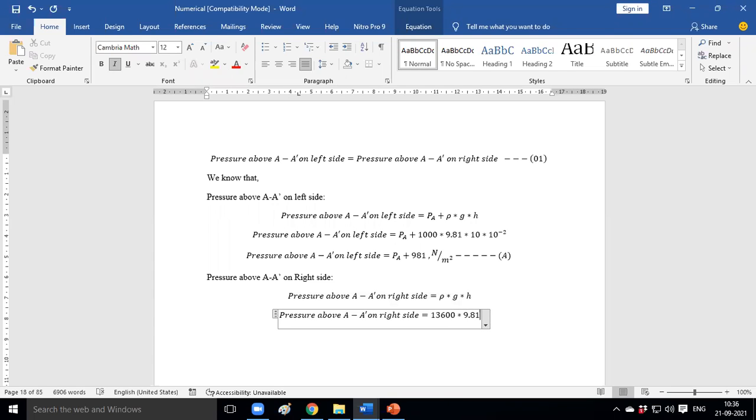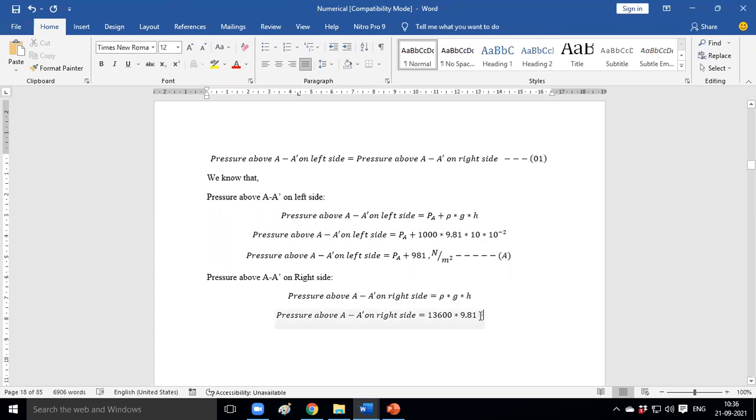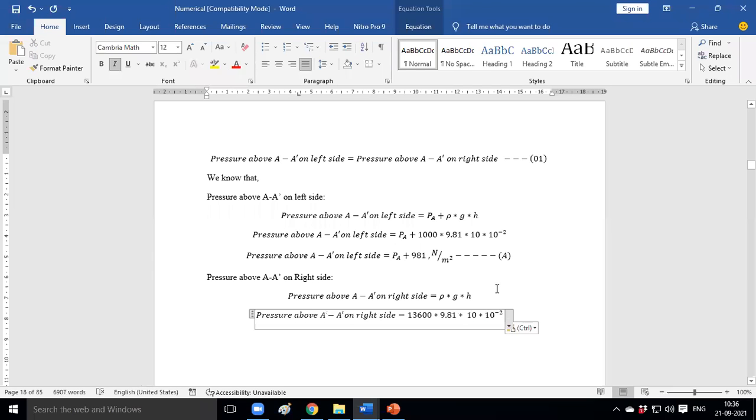Density, 13,600. Correct. G is written as 9.81 and h is 10 centimeter, but we need to convert this 10 centimeter into meter. So what will be the conversion? 0.1 meter, or 10 multiplied by 10 to the power minus 2. Now do the calculation and tell me its value.